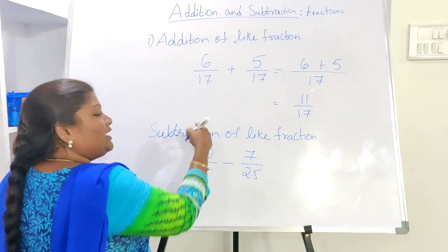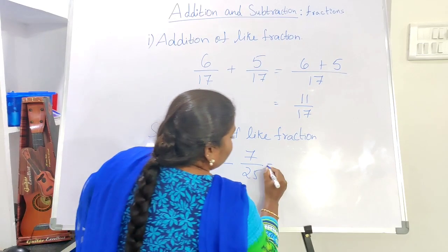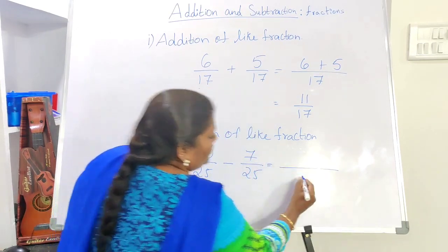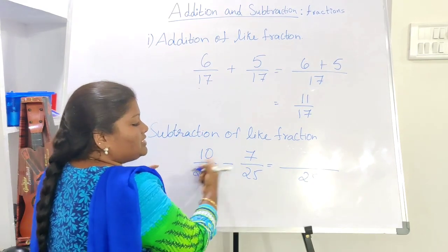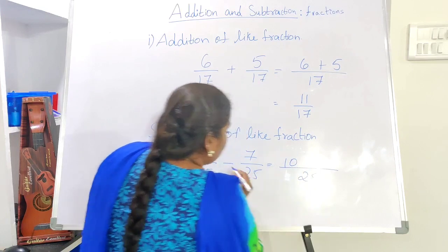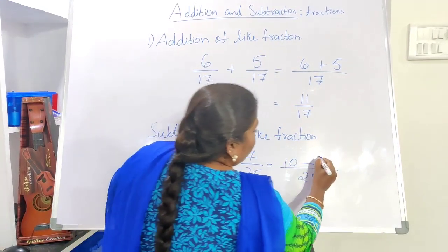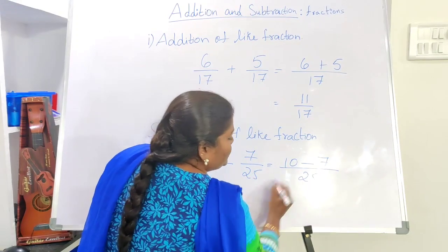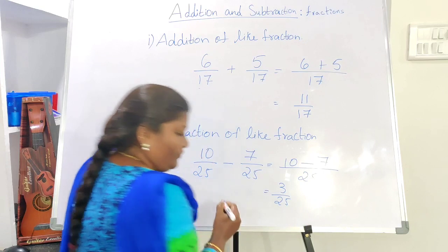Just take the denominator 25 and subtract the numerators: write down 10, the operation in between is minus, and then 7. So 10 minus 7 is 3 by 25.